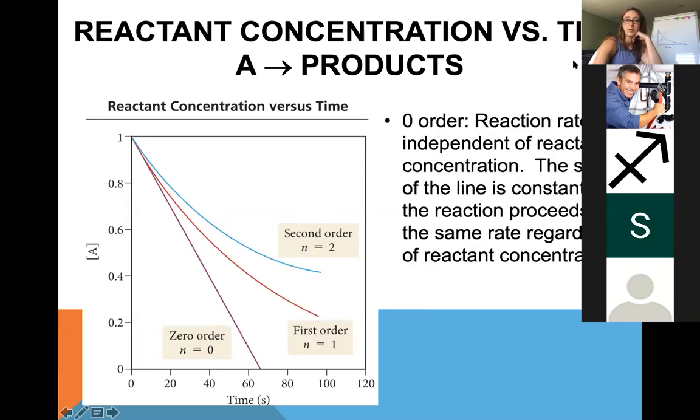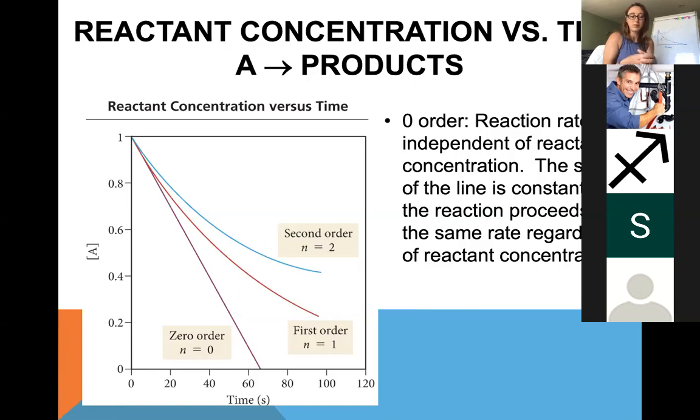So a 0 order reaction basically means that the rate is independent of the concentration of reactants. The slope of the line is constant and the reaction proceeds at the same rate regardless of the concentration. My best example for a 0 order reaction, the best example I've heard that you would be able to relate to, would be a candle burning.